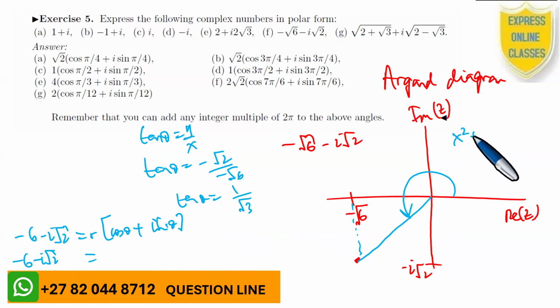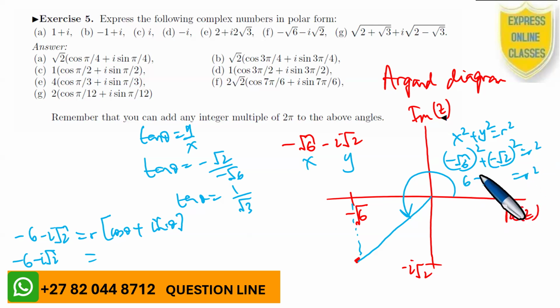So now x squared plus y squared is equal to r squared, which is Pythagoras' theorem. The x is minus square root of 6, you square it. The y is minus square root of 2, you square it. It is r squared, which is 6 plus 2, so r squared is 8.